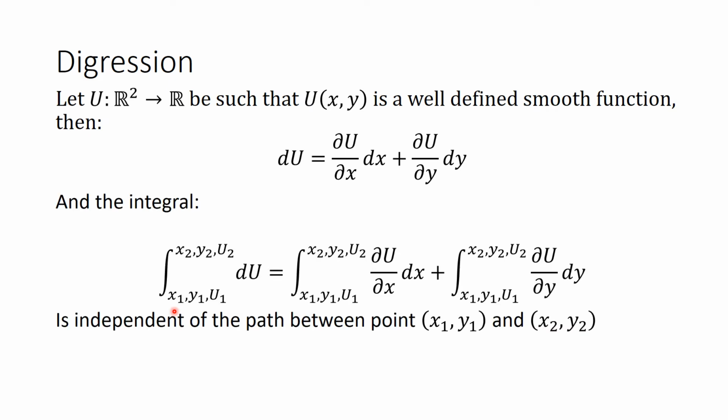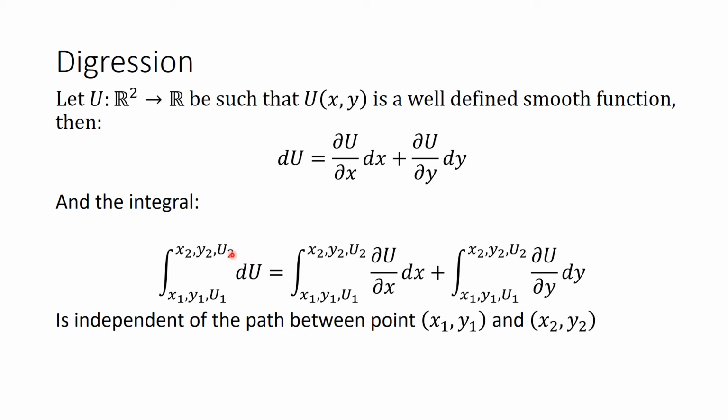The integration over du from point 1, characterized by the values x1, y1, and u1, to point 2, characterized by x2, y2, and u2, is basically equal to u2 minus u1. This is equal to the integration of two terms, partial u by partial x integrated over x and partial u by partial y integrated over y.